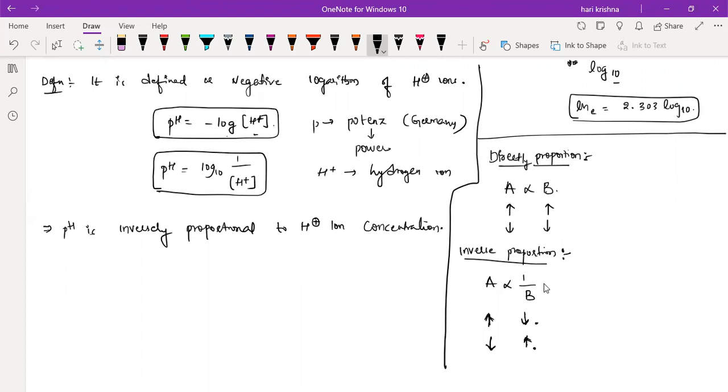So now tell me, if pH is more, then H plus ion concentration will be less.